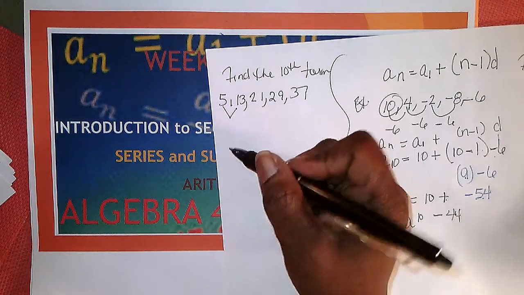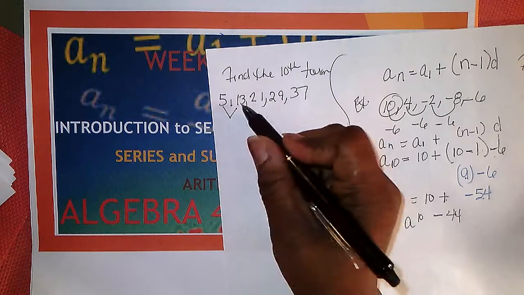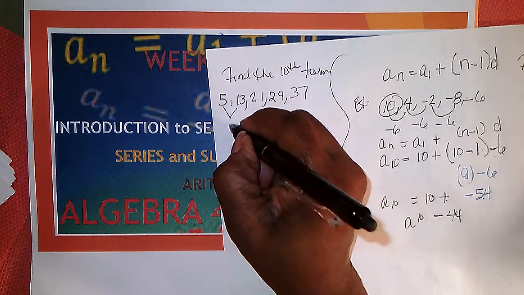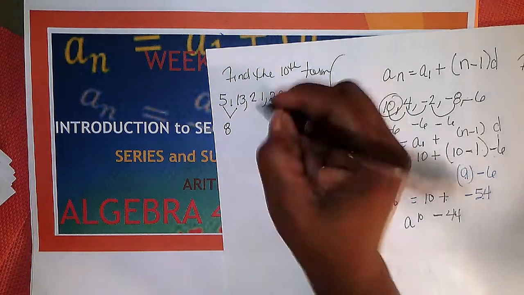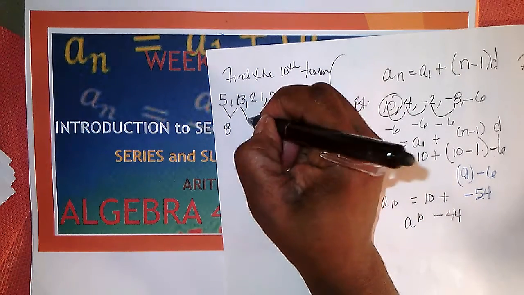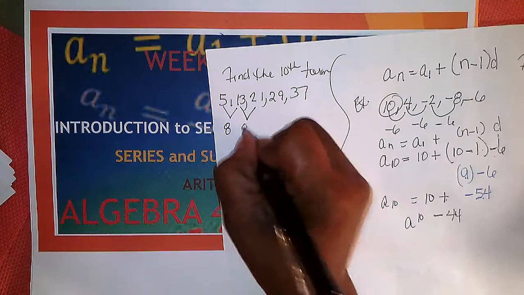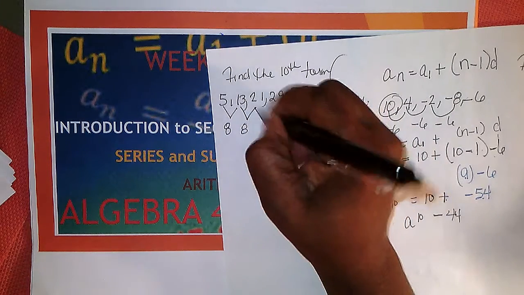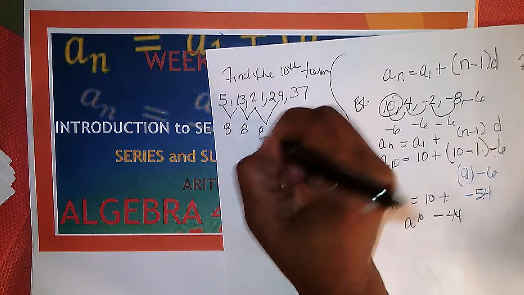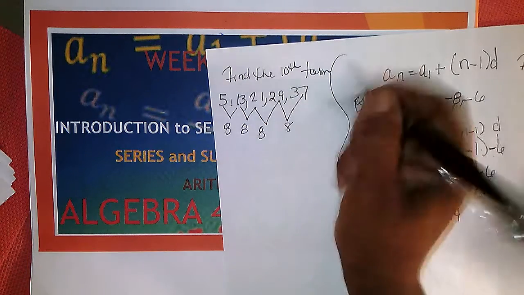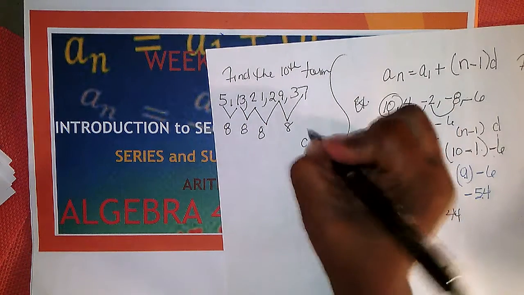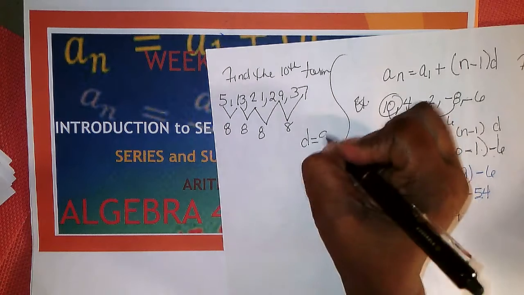The difference from 5 to 13 is 8. The difference from 13 to 21 is 8. 21 to 29 is 8. And 29 to 37 is 8. So we know our difference is 8.